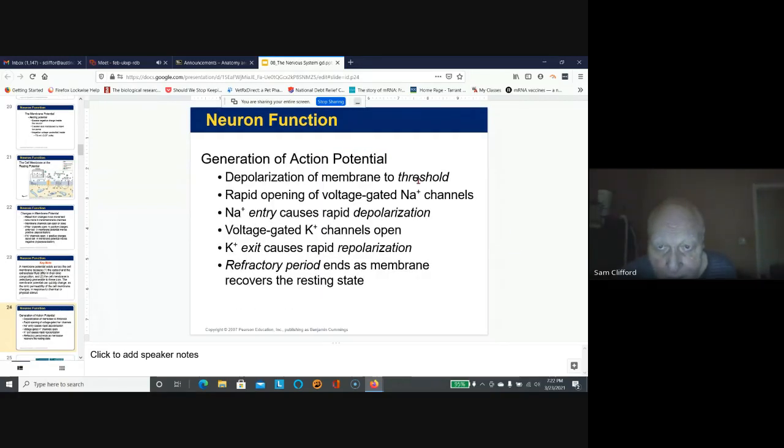So depolarization means the membrane potential becomes more positive. Sodium moves in rapidly. Then sodium channels close. Voltage-gated channels open. Potassium exit causes rapid repolarization. And the refractory period is a recovery period that the nerve cell has to take a moment to reset.